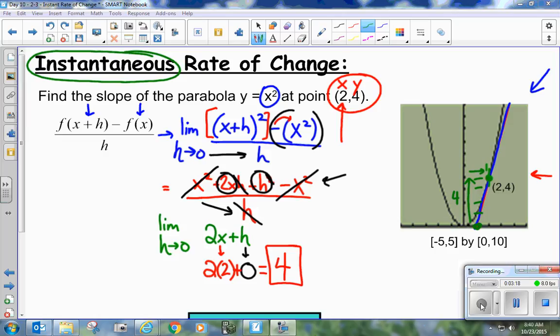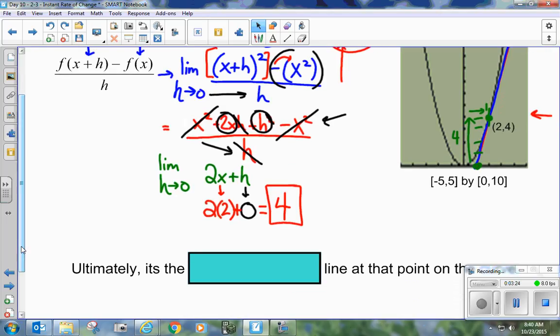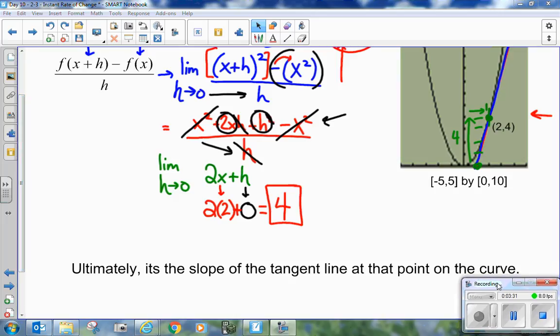That's perfect. So basically, it's the slope of the tangent line. That's what we just discovered, isn't it? When I find the derivative with f(x plus h) minus f(x) all over h, if I find the slope at a point, that's basically the slope of the tangent line we create at that point.